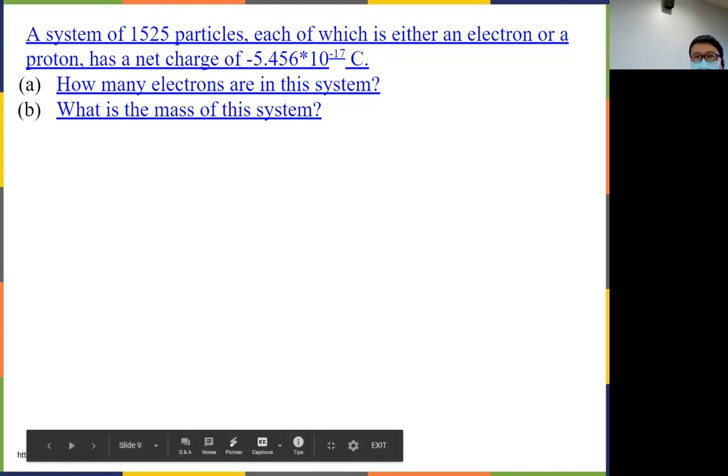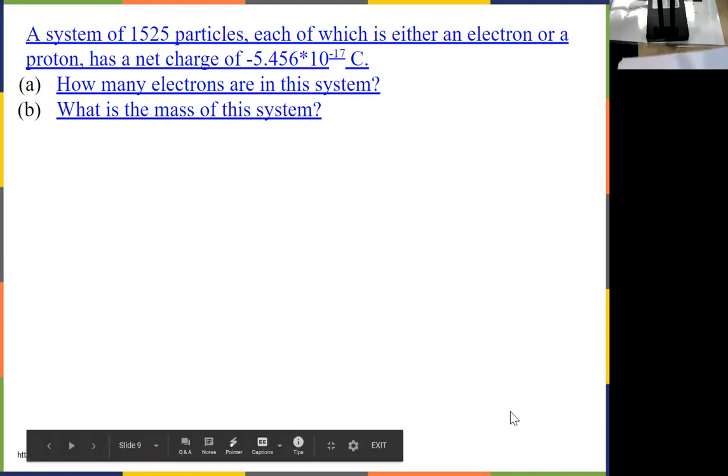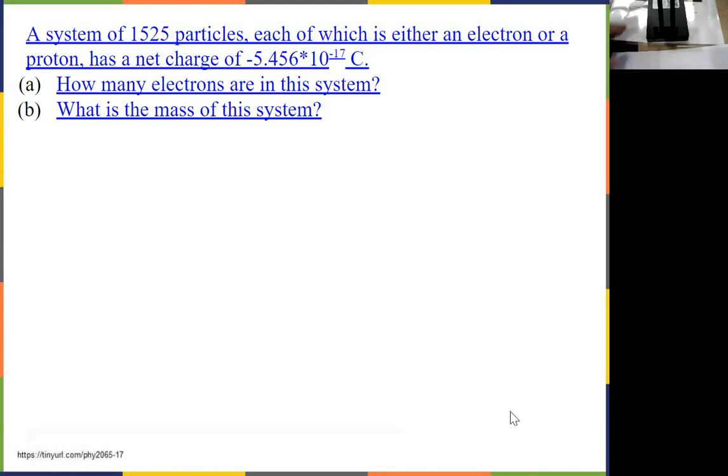These are the few numbers you need to use here. For the electron charge, you can say Q sub e or just e.